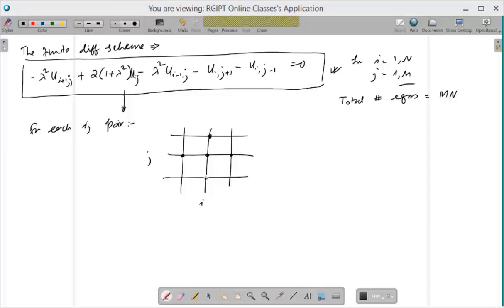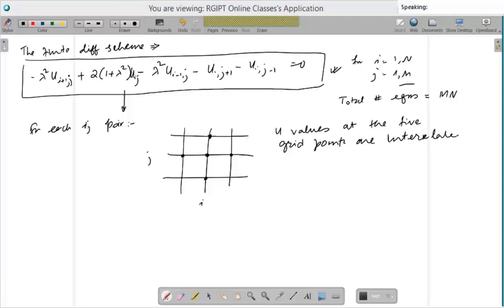Okay, so 5 points actually are interrelated. So u value at the 5 grid points are interrelated. Okay. All right. So this is called 5-point scheme. Actually, it's known as 5-point scheme.